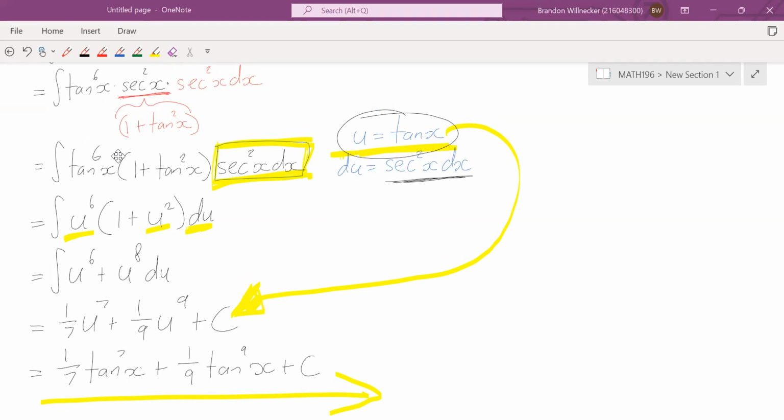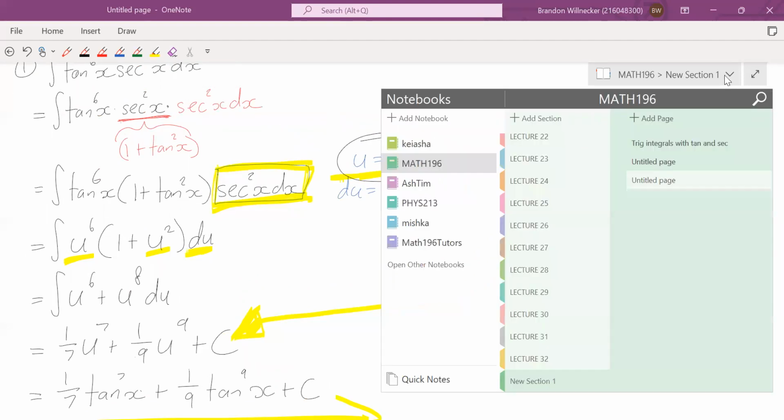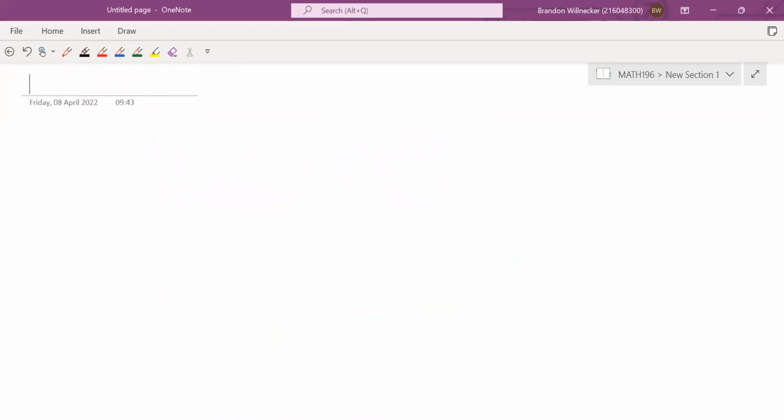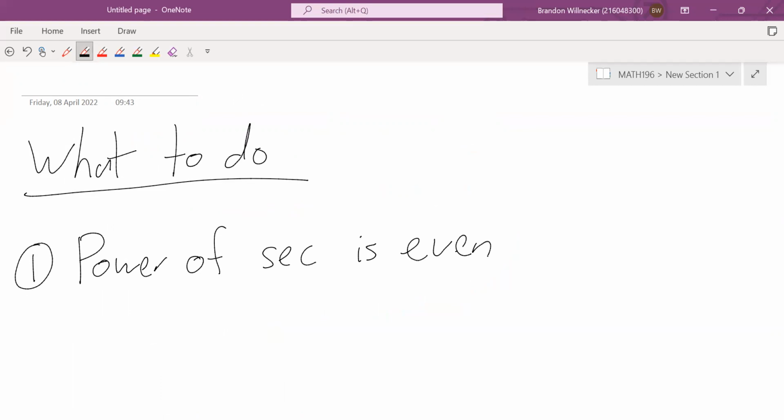So there are just 2 cases that we need to deal with. This was just an introductory example. Let's go through the 2 cases that will help you answer the more general questions. Number 1 is if the power of sec is even. What do we do if the power of sec is even?